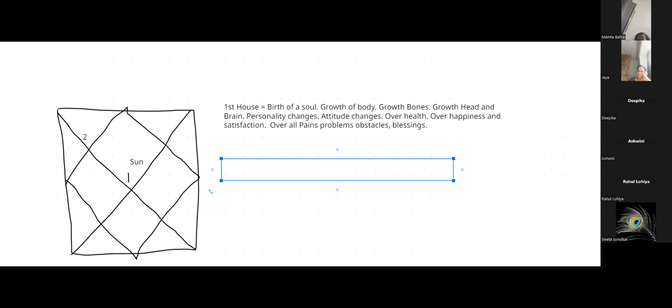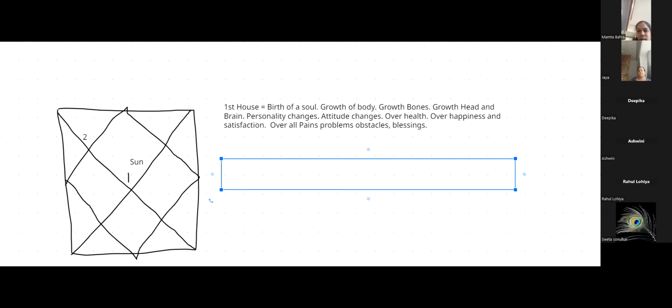What is the spelling of this? Yeah, I hope so. I'm absolutely poor with spellings. Okay. Then all the fixed assets of the family are part of this second house. Especially the gold and the precious stones, diamond and all those things. They are part of this second house.